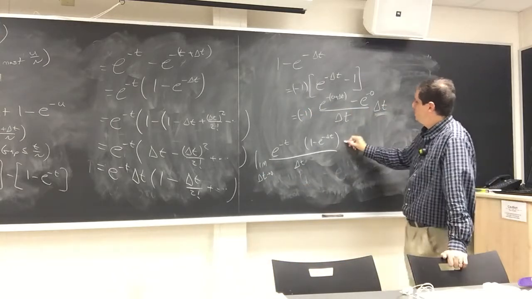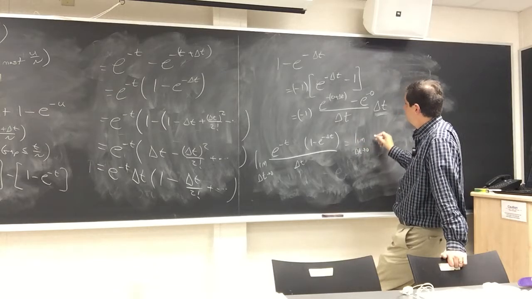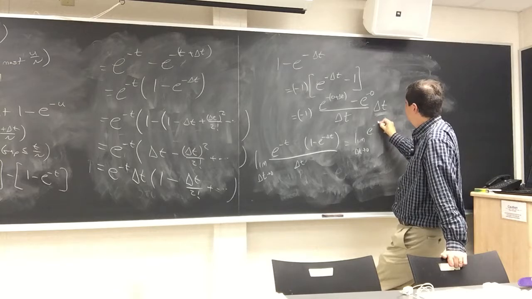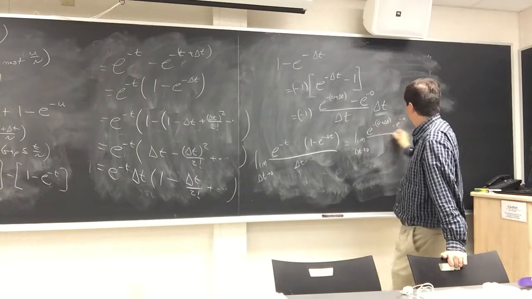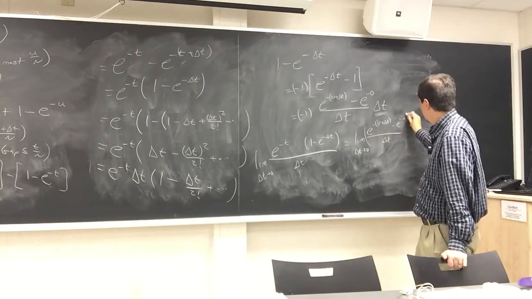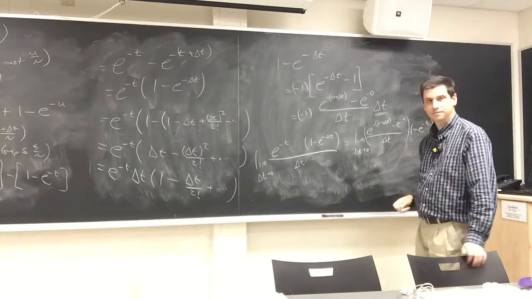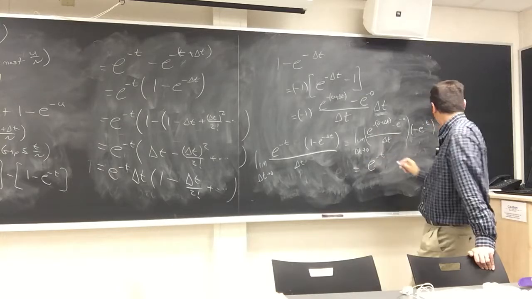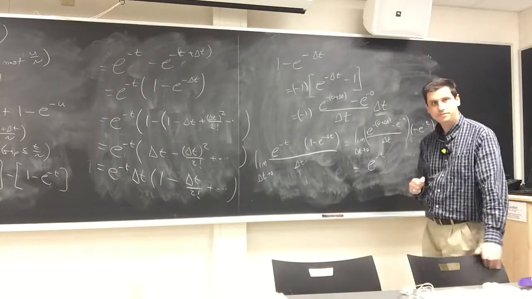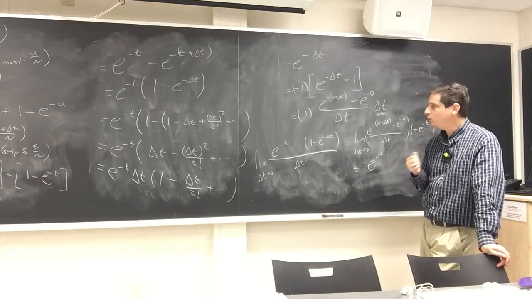So this is then going to be the limit as delta t goes to 0 of e to the negative 0 plus delta t minus e to the negative 0 over delta t, times negative e to the negative t. And this limit is just negative 1, so we just get e to the negative t. So we recover what we did before.